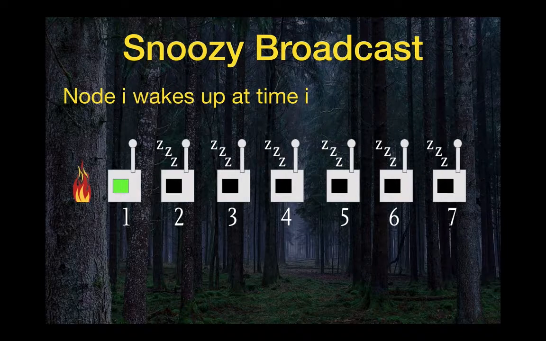Node 1 has this message he wants to send on. He sends it, and node 2 wakes up at just the right time to receive the message from node 1. Node 3 wakes up at just the right time to listen to a message from node 2, and so on. After they've sent the message onward, they can go back to sleep.